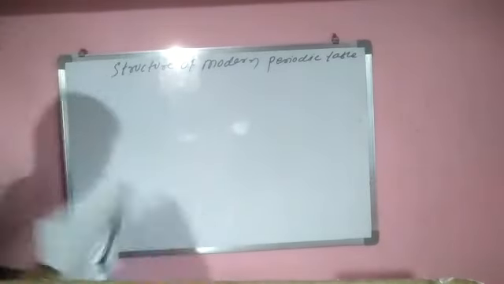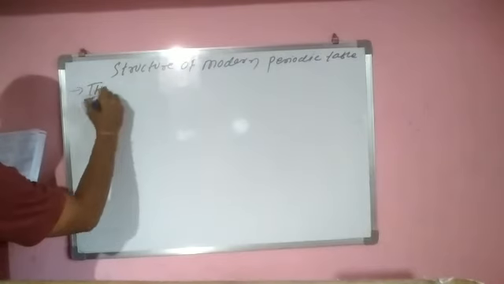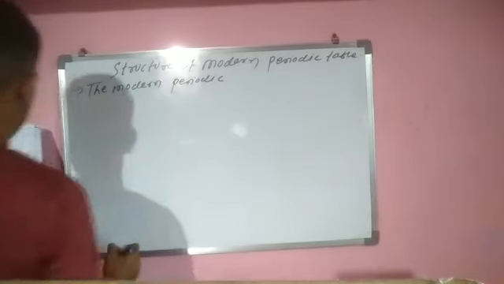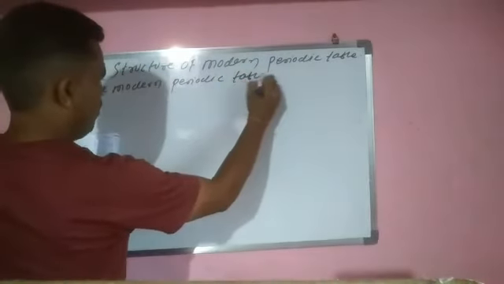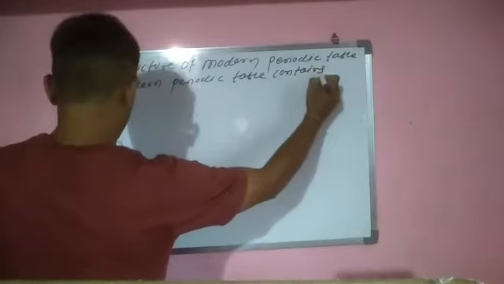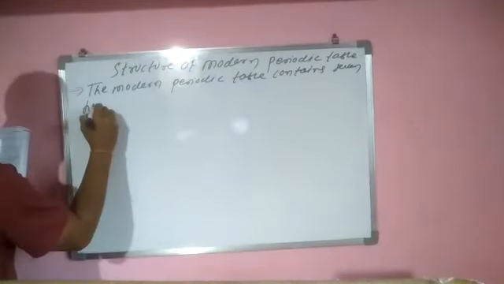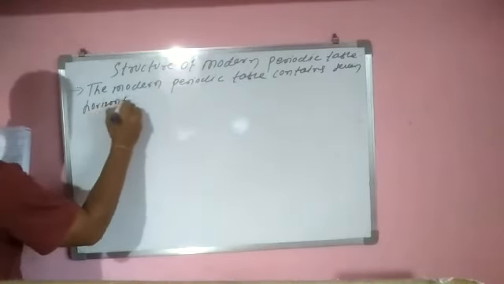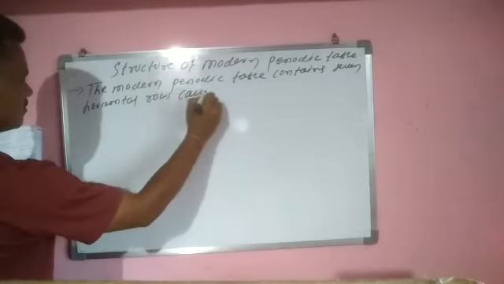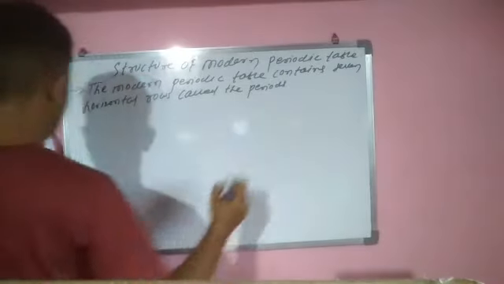Now see, write down. The modern periodic table contains 7 horizontal rows called the periods 1 to 7.